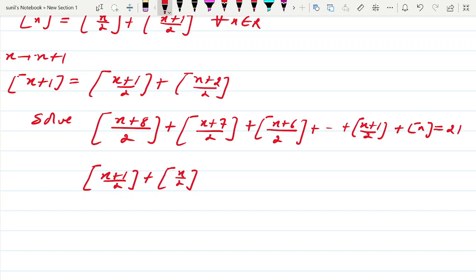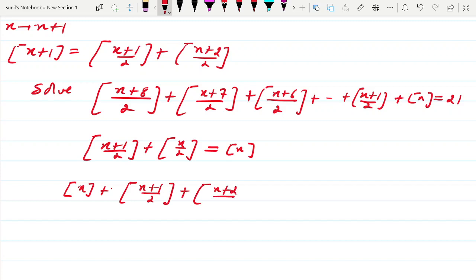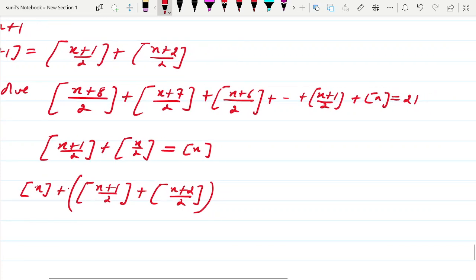Now it is equal to bracket x. Now just see this equation. Can we write this equation as bracket (x plus 1) by 2 plus bracket (x plus 2) by 2? I'm just making the pairing, understand it.